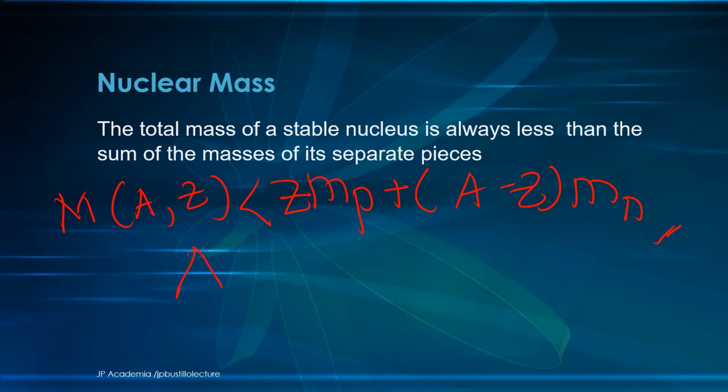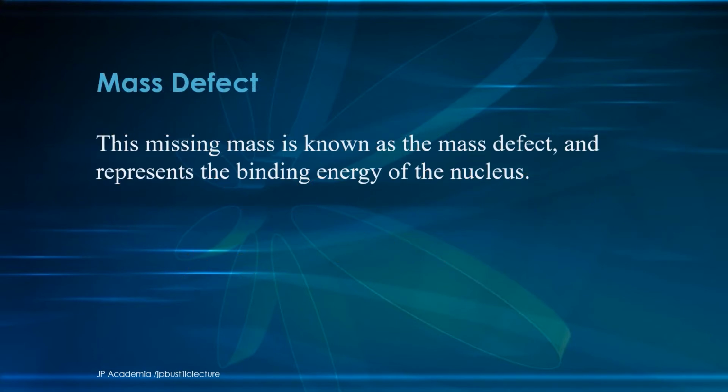So we have this quantity called the mass defect or mass deficit, which is related to the binding energy. The mass defect is the difference between the mass of an object and the sum of its constituent particles. The mass deficit delta M must always be negative so that the nucleus is in a bound or stable state.